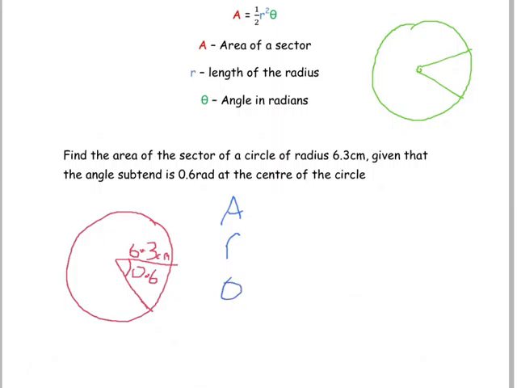So in your formula, A equals half r squared theta, we're trying to find the area. We know the radius is 6.3 centimeters, and we know that theta is equal to 0.6. Now it's a simple case of substitution. So area equals a half radius squared theta.